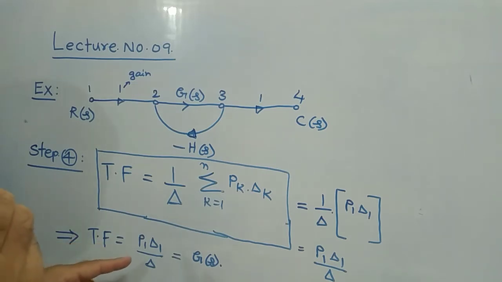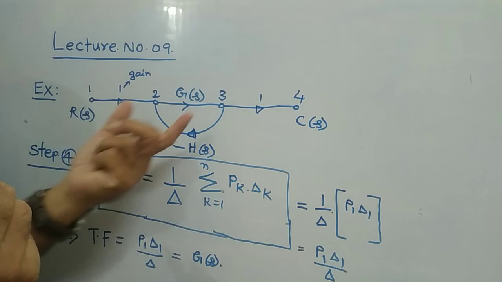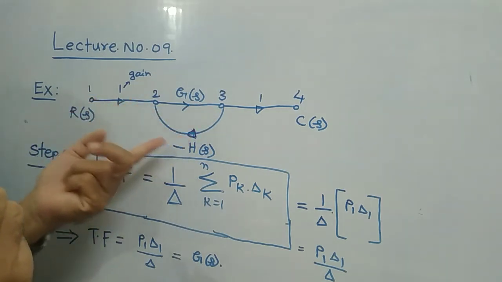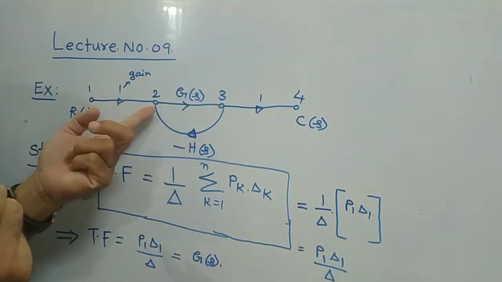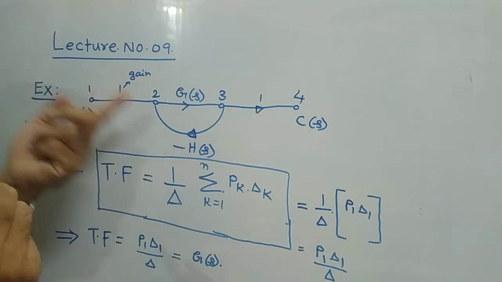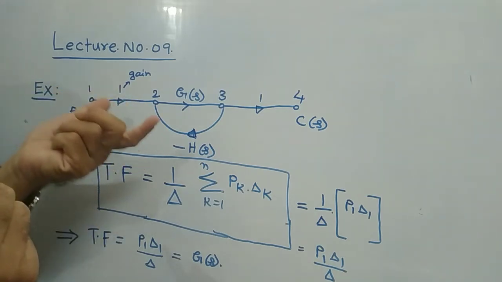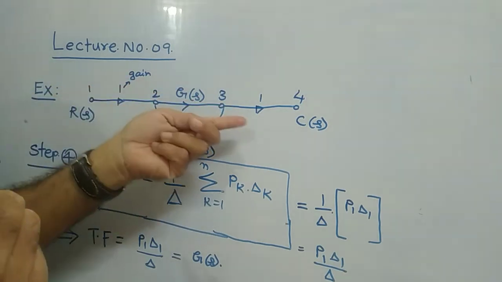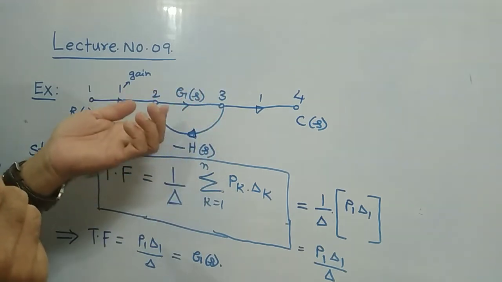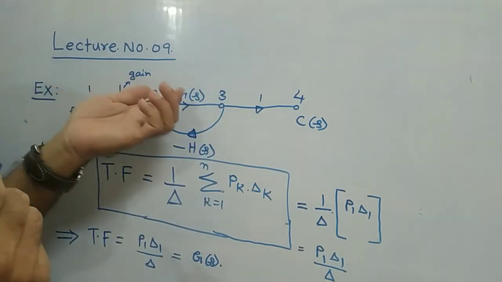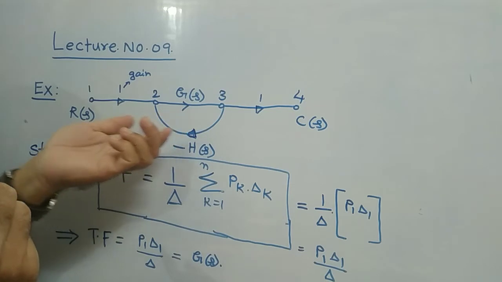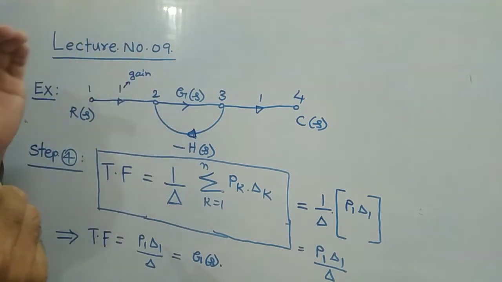Otherwise, delta 1 is not the value of the loop itself, it is a relation between the loop and the first forward path. If the loop associated with the first forward path touches the forward path, then you give delta 1 equal to 1. Therefore in this case delta 1 value is 1.